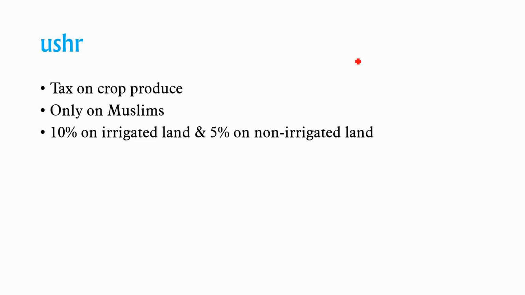So first is Ushr. This tax is basically imposed on the crop produce. Suppose this is a tract of land and it yields, let's say, 1 quintal of grains. Now upon this you have to notice that 10% of the produce is imposed on irrigated land and 5% on non-irrigated land.